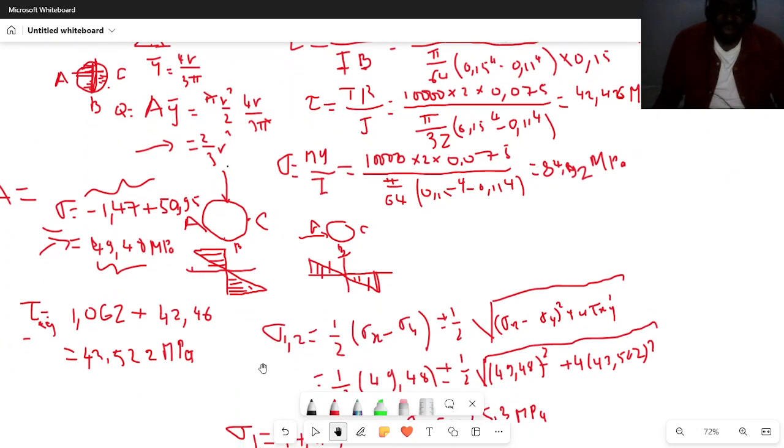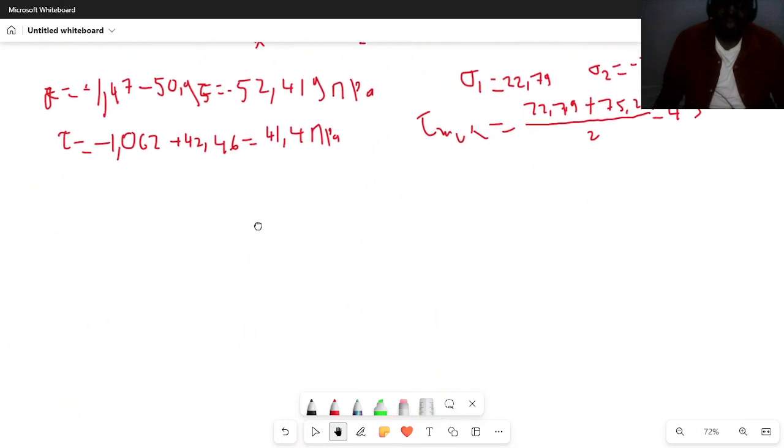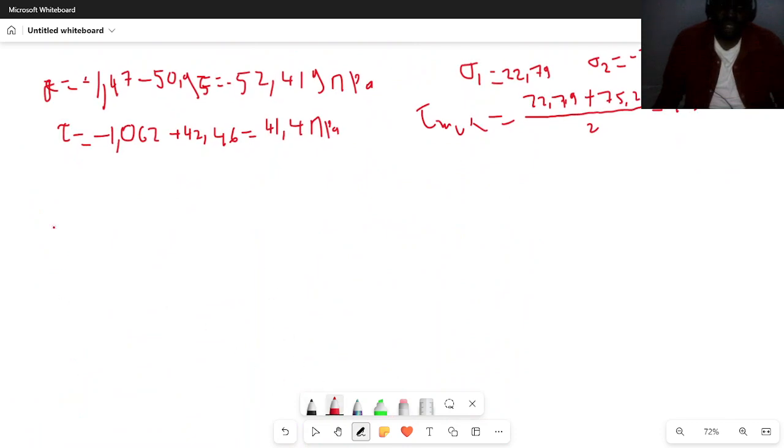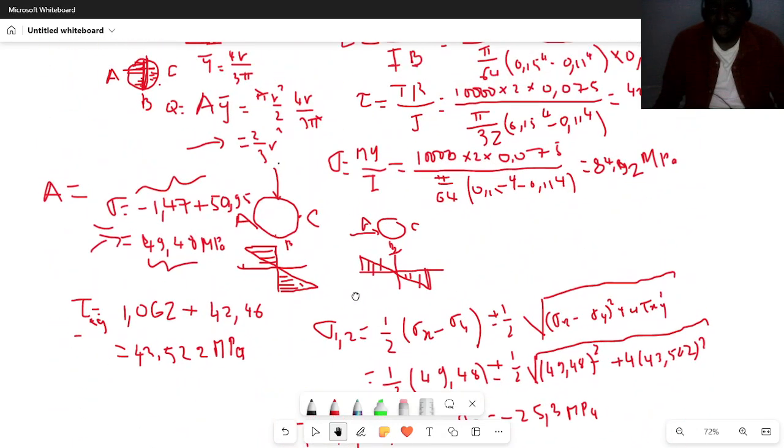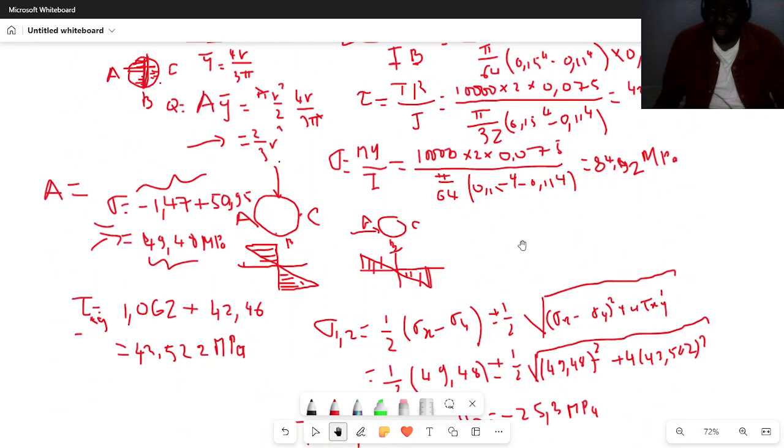So definitely, if we have to do the same thing that we did here, what you will be having at B for all the stress, I know that the compressive stress that we got, that minus 1.47, is here. You will be adding or subtracting with this bending moment stress of 84.94.